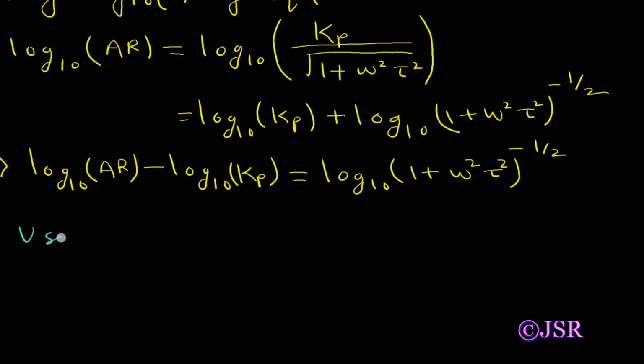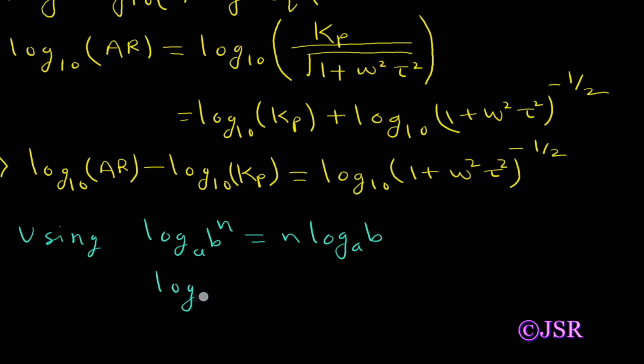So using the formula log a b to the power n equals n log a b, and log a of m upon n equals log a of m minus log a of n.